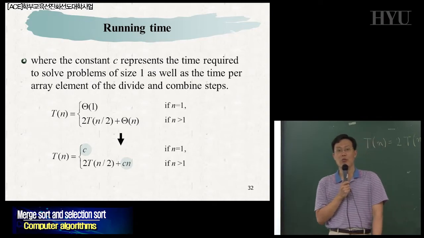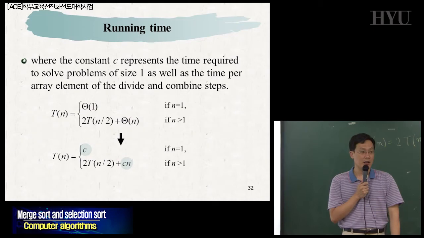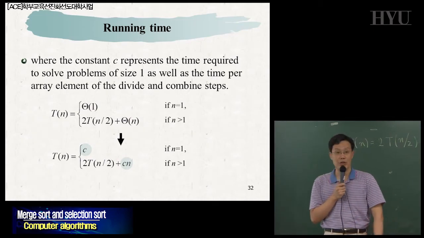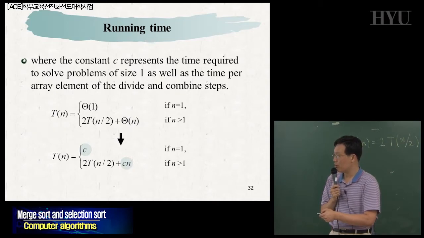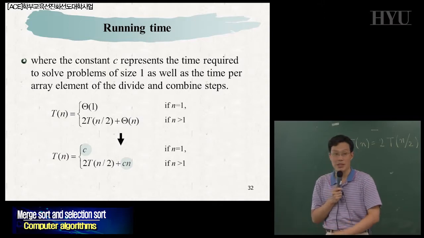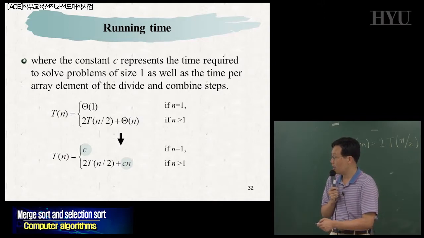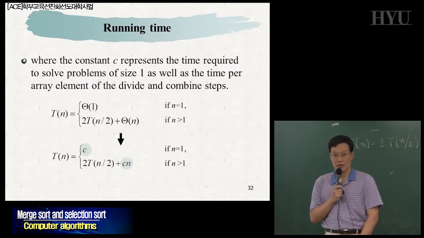First, we eliminate asymptotic notations. In this recurrence, there are 2 asymptotic notations, theta of 1 and theta of n. And we replace theta of 1 by a constant c, and theta of n by a constant multiplied by n, cn.